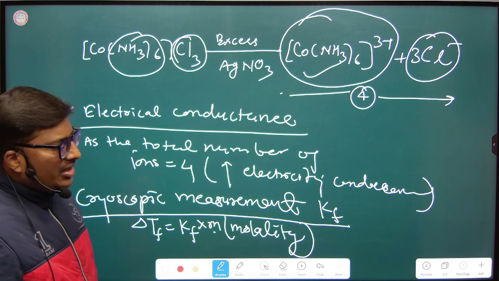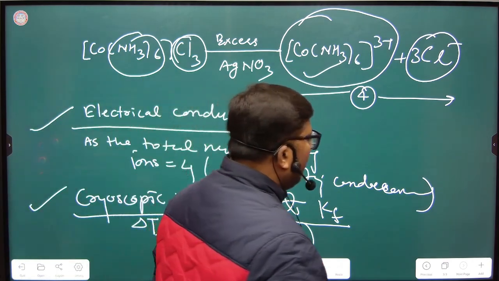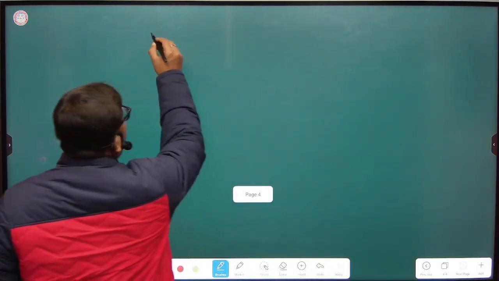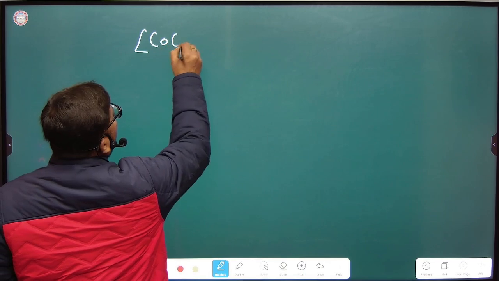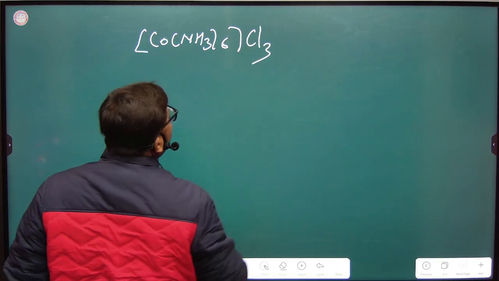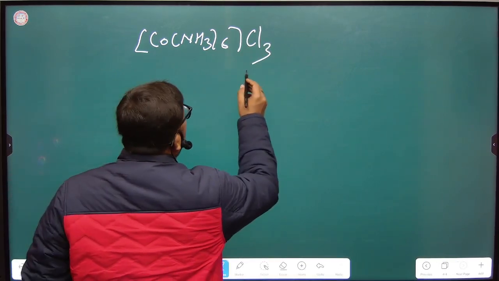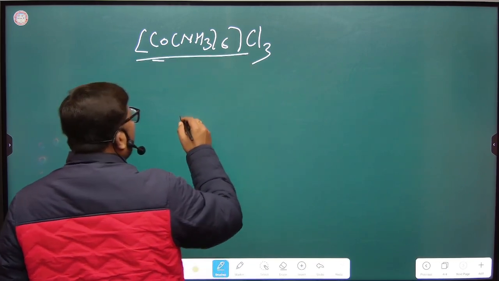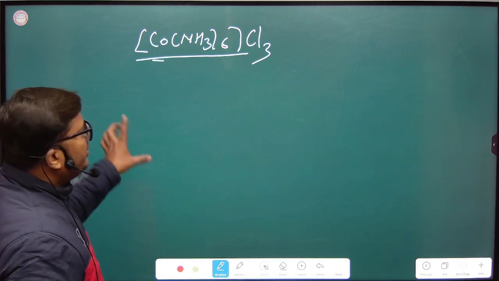Another aspect he expressed here is that in Co(NH3)6 Cl3, the secondary valency is non-ionizable, but it is directional.